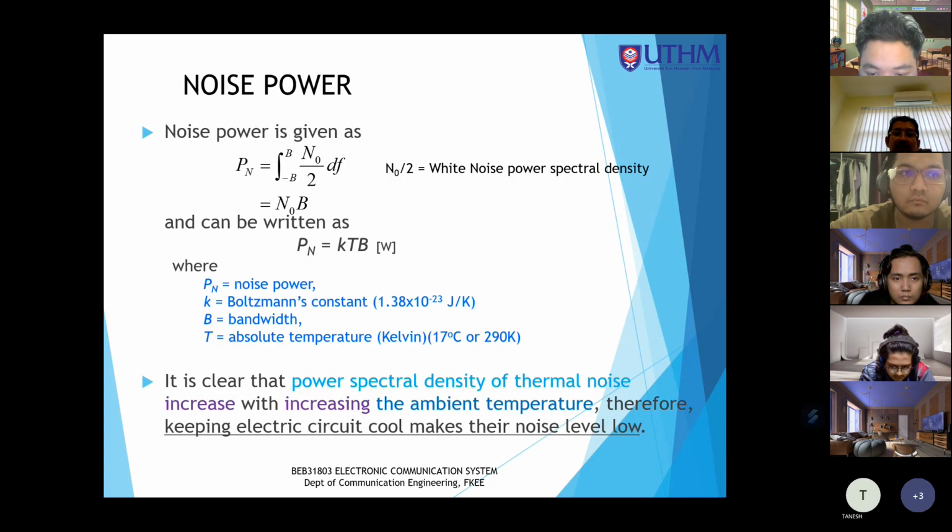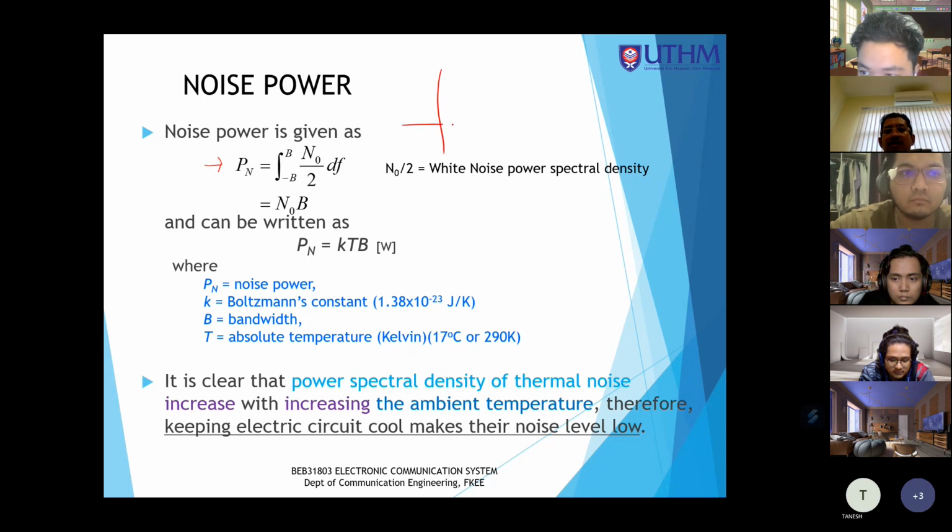Okay. So this is pengiraan berkenaan dengan noise power. So noise power Pn is equal to integral from minus B over B, N0 divide with 2 df. Okay, apa maksud dia?